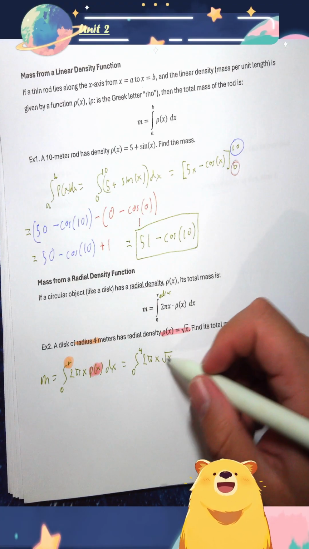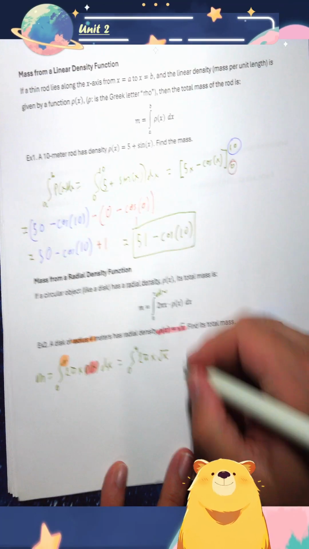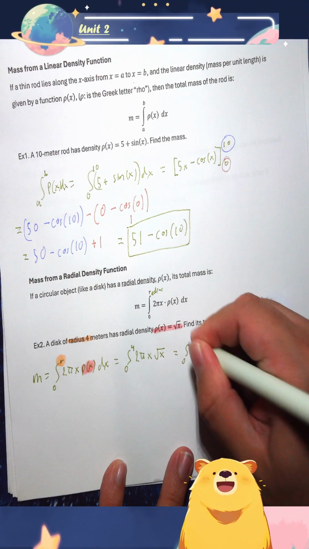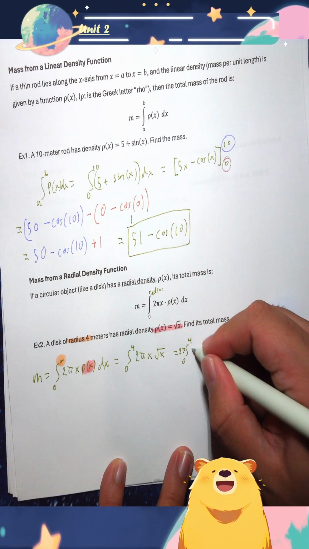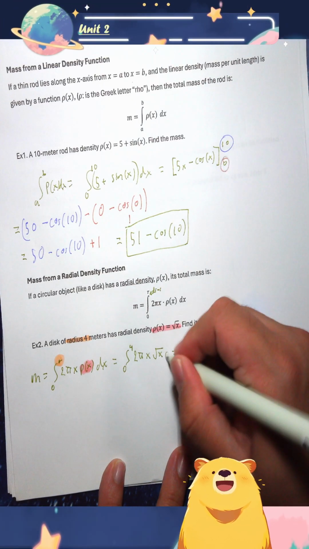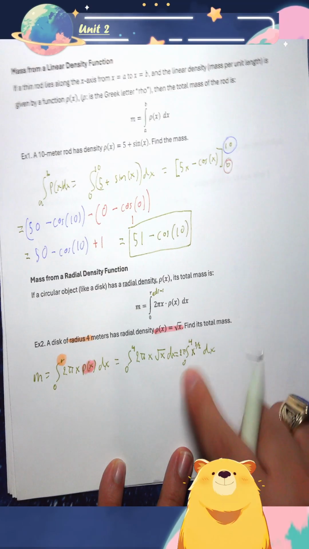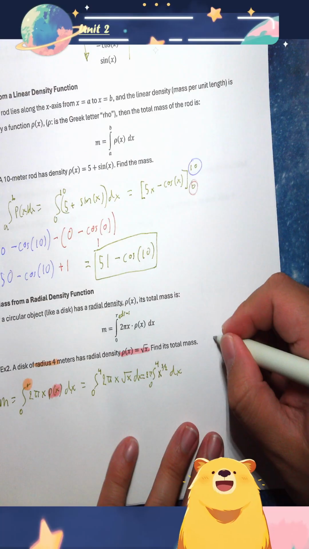From here, I really should just mash these together via my exponent power properties. I'm going to take out the 2 pi, and this would be x to the power of 3 over 2. I keep forgetting the dx. Quick recap on this, just to clarify.